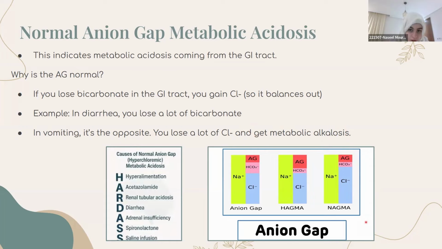So if you vomit a lot, you could go into metabolic, sorry, alkalosis because you're losing acid. But I just want you to understand the difference between the high anion gap and normal anion gap, what happens to the bicarbonate and the chloride. Now this is, again, another mnemonic as to what causes normal anion gap metabolic acidosis. However, again, you do not need to memorize it. It's just for your information.